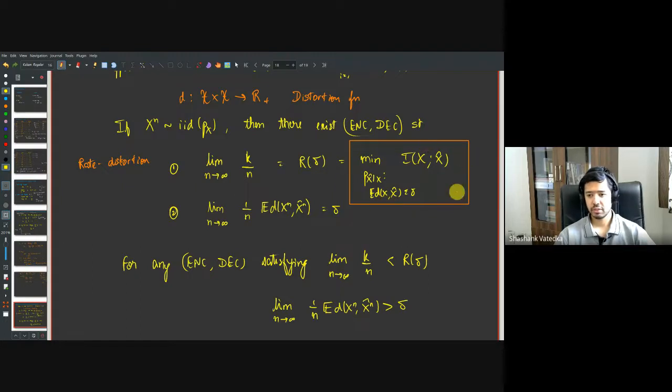So this is some quantity which can be obtained by solving an optimization problem. If you solve this optimization problem, you're going to get some number, and the minimum rate of compression turns out to be equal to that particular number. So this is a function of delta, the distortion function, and p_X. All right, and this is called the rate distortion function.